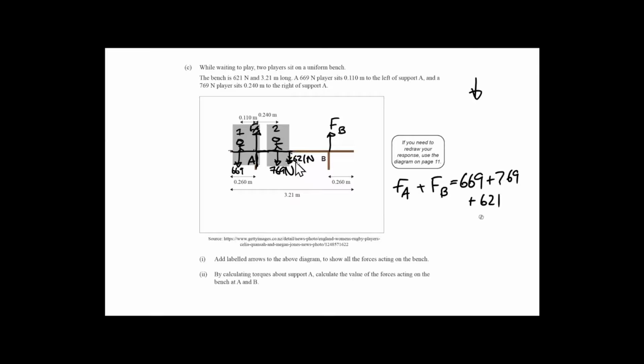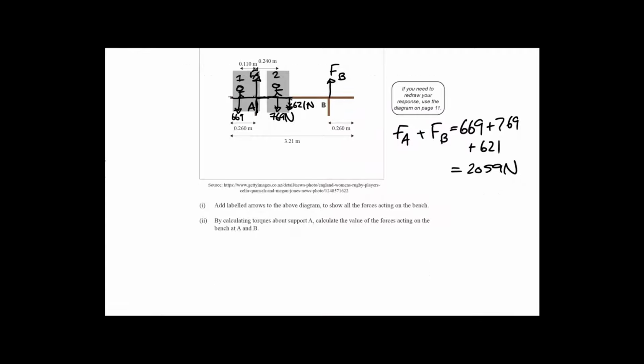And the 621 has to be in the middle, the center of mass, because that's where all the mass is concentrated. Right, so what are the forces on B? Forces acting on B in the clockwise torques are going to be this person here.